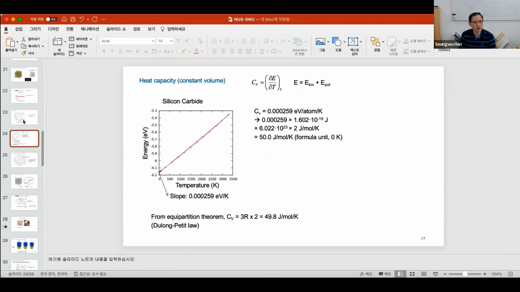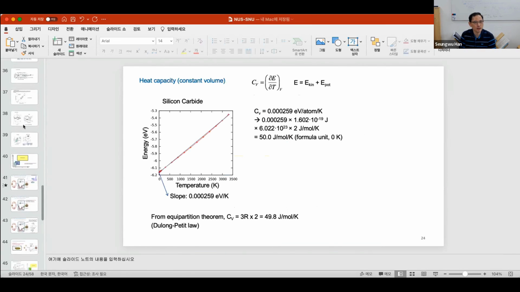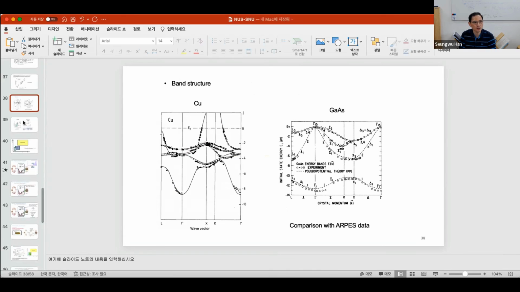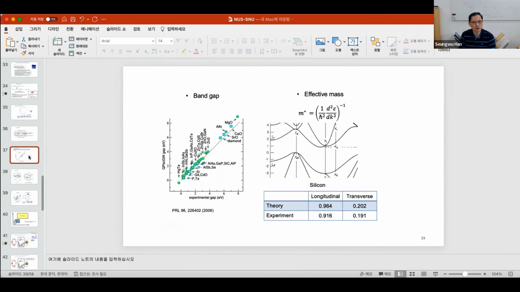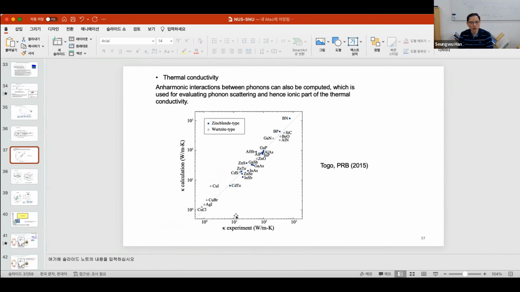Yeah, so I think you are interested in, okay, this paper by Togo. If you have DFT or a classical potential or a machine learning potential, it does not matter. In calculating the thermal conductivity, there is a standard procedure.